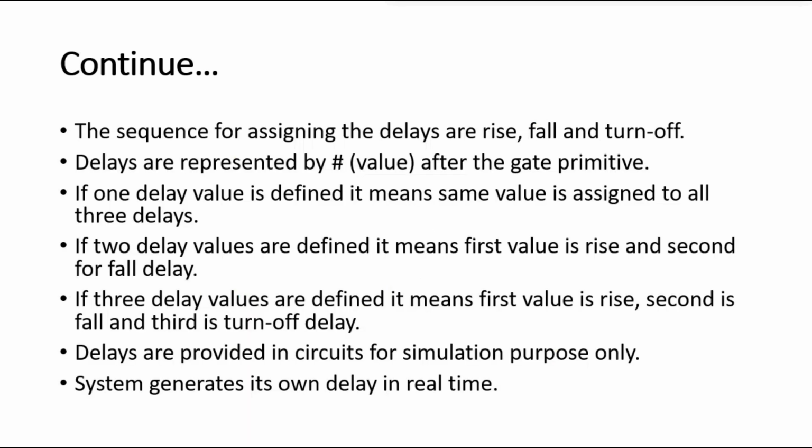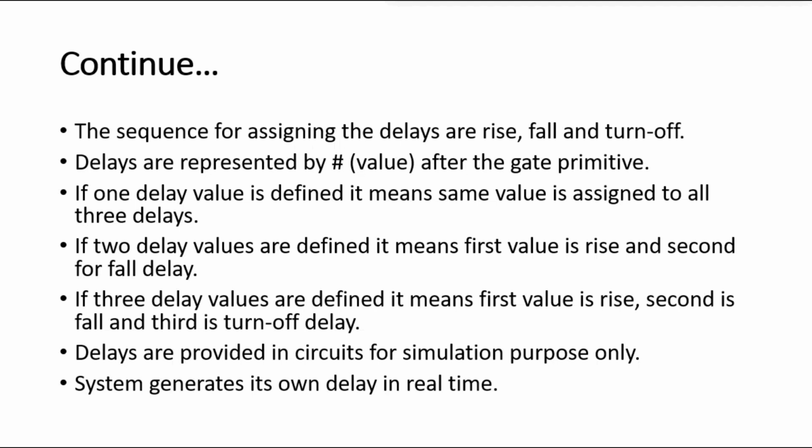The assigning order of the delays in a program is fixed, and the order is rise, fall, then turn off delays. A hash sign is applied after the gate primitive for the declaration of the concerned gate delays. If one value is assigned after a hash sign, then the value shows all delays and all delays are equal.